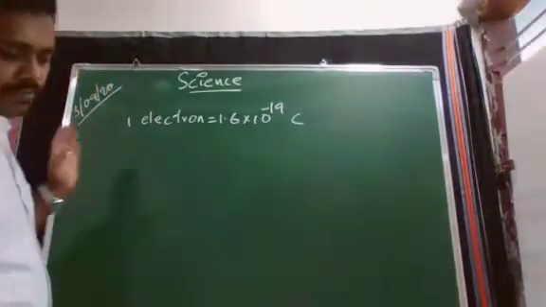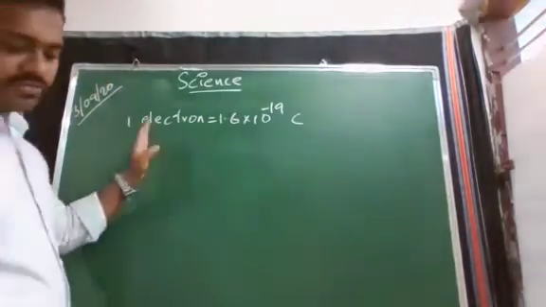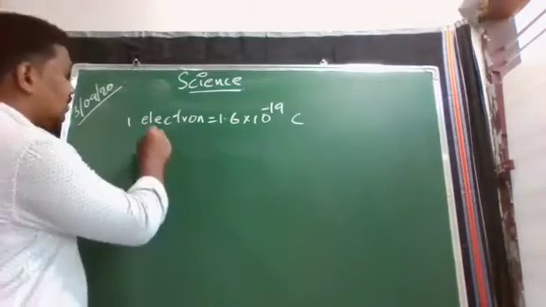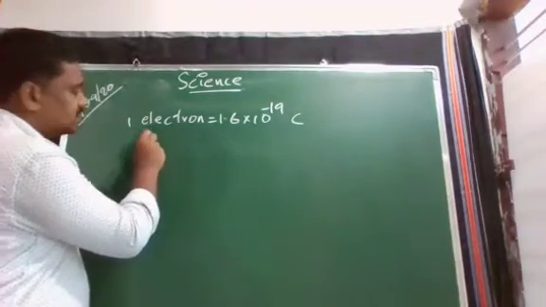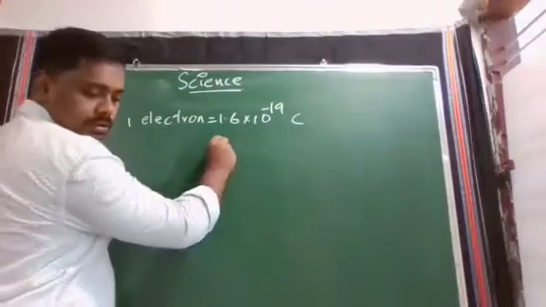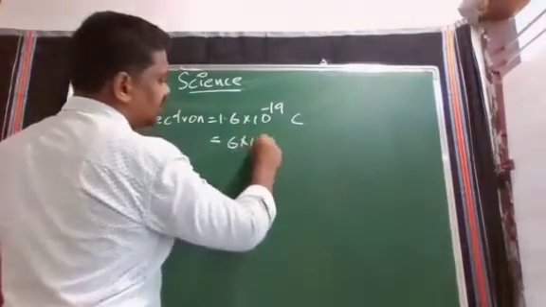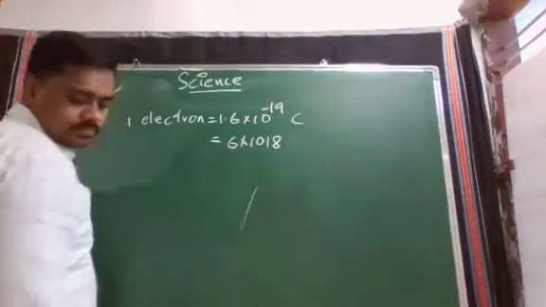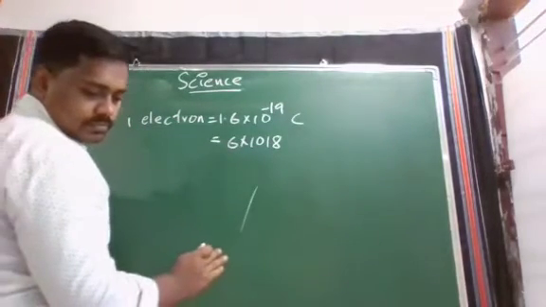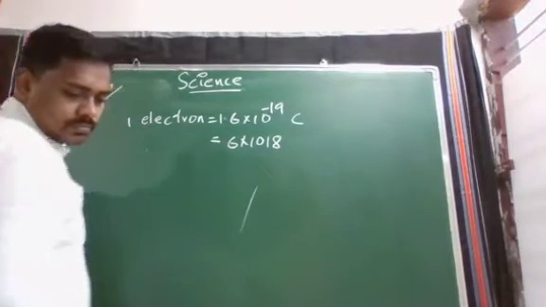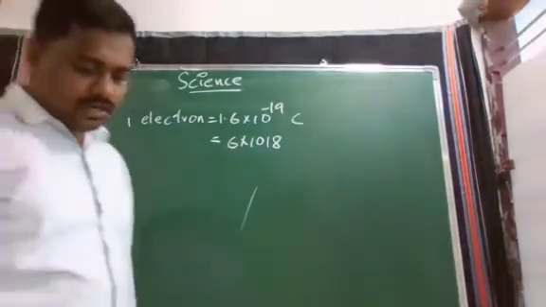One electron possesses this much charge. That is equal to 6 into 10 raised to 18 electrons.